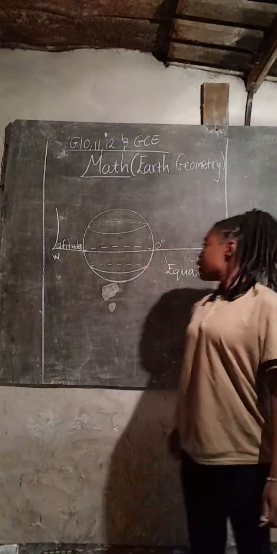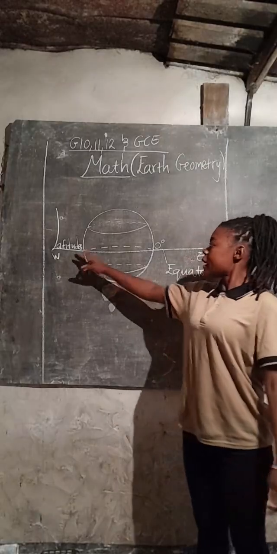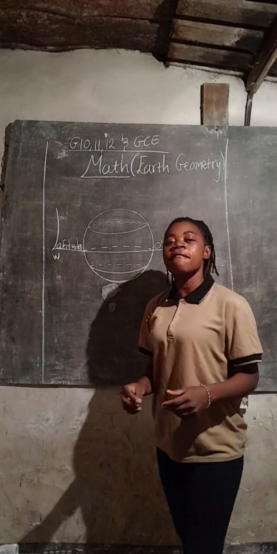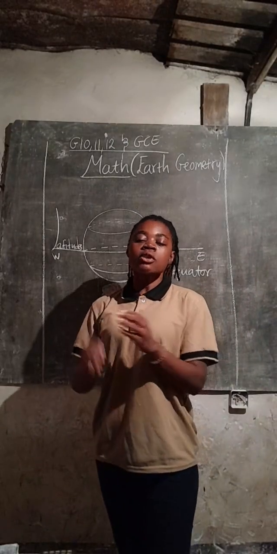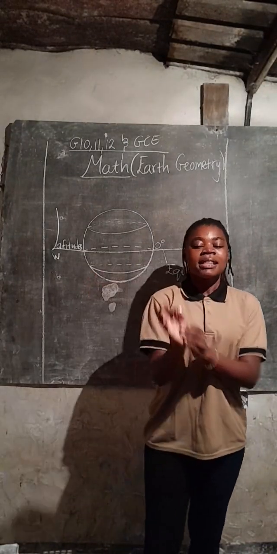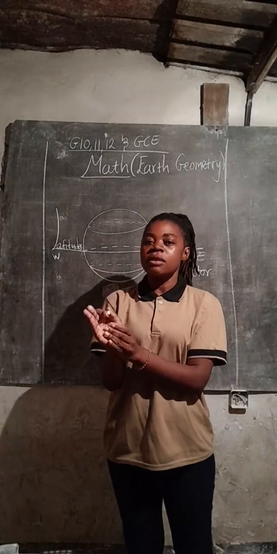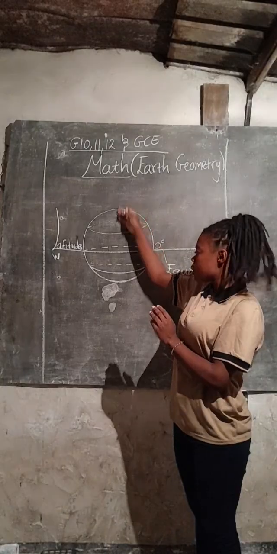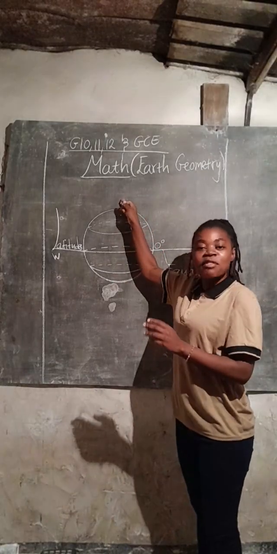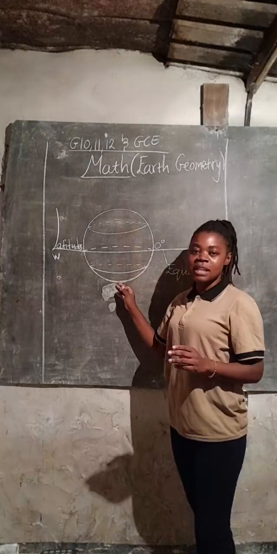So we proceed. Apart from the lines of latitude, we also have the lines of longitude. When you talk about the lines of longitude, these are lines on the surface of the earth which are running from the north part to the southern part.